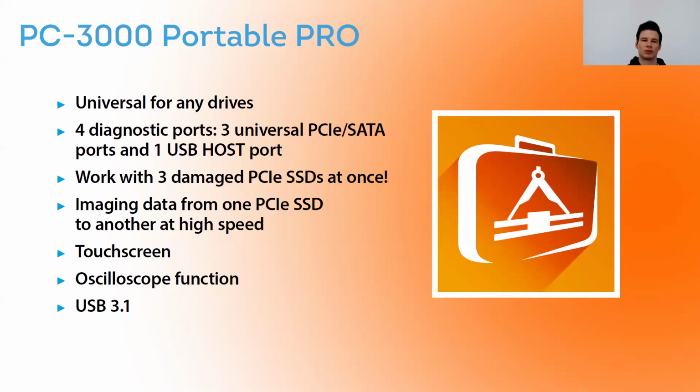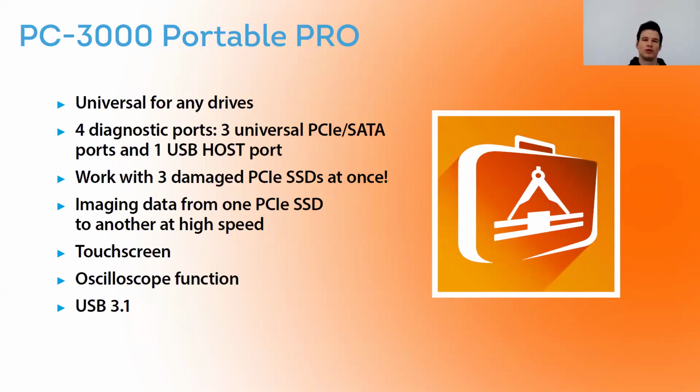We have 4 diagnostic ports, so we can work with 4 drives at the same time. 3 of them can be SATA or PATA or NVMe SSD because we support PCI Express. USB host port for working with native USB SSDs or native USB hard disk drives, or for the flash drives with logical problems. You can image the data from one SSD to another at high speed if both of them are healthy.